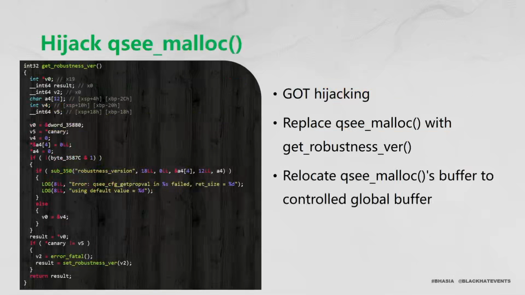We need to hijack the QC malloc function with this getRobotNeeds version function, and this function will return a value from the global region, which is also controllable with our write primitive. We can let this function return a value we want, that may be a pointer pointing to a place that we can reach.